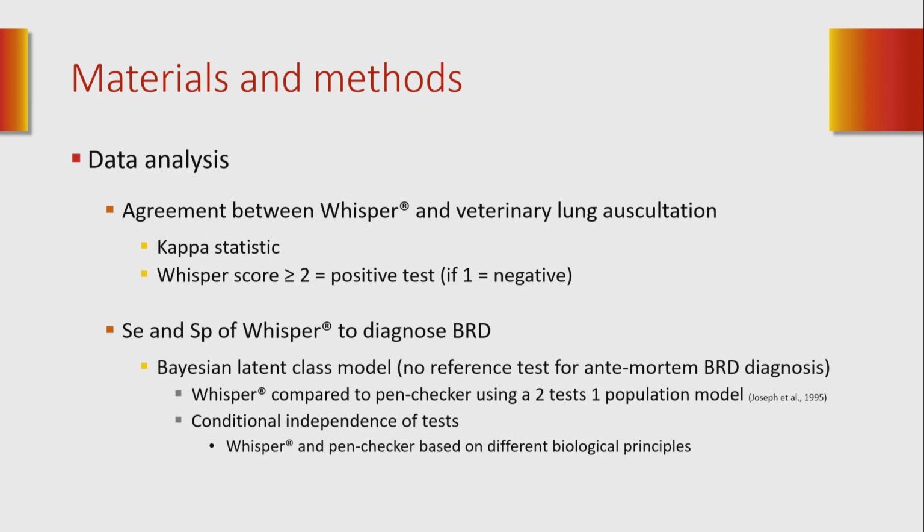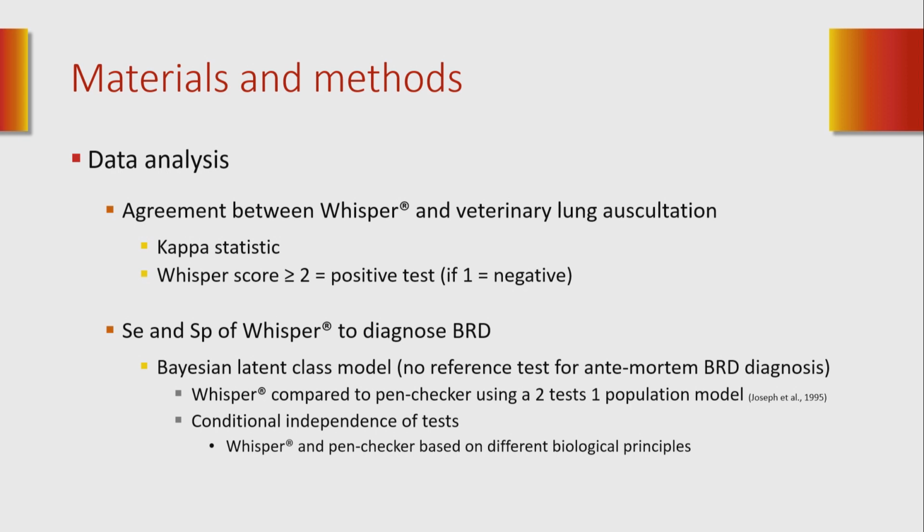For this analysis, the Whisper was compared with pen checker classification using a two-test, one population model developed by Joseph in 1995. This model assumed a conditional independence between the two tests because Whisper and pen checker are based on different biological principles.